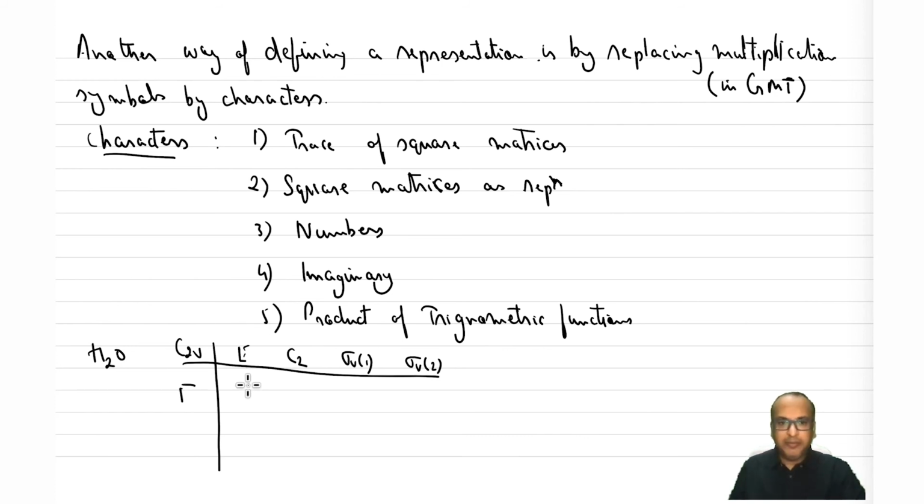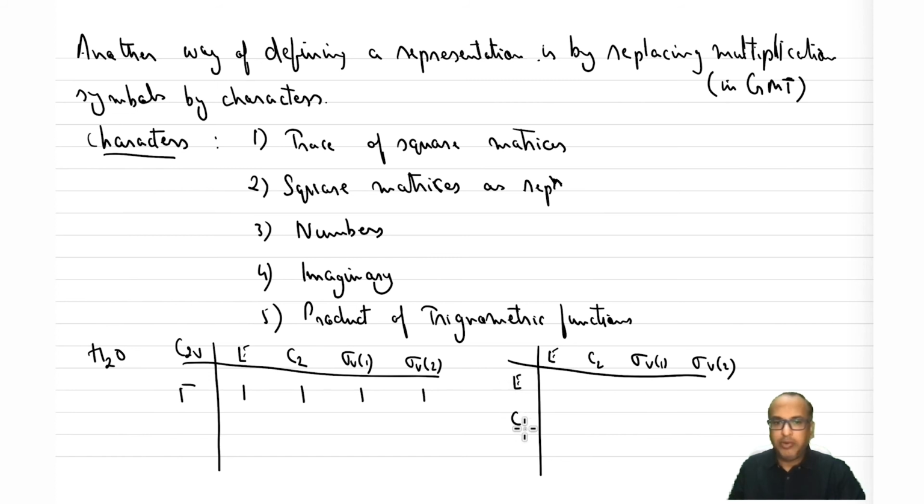Let us say I define E as character 1, C2 as character 1, sigma V1 as character 1, sigma V2 as character 1. Now if I write GMT using those characters, that is, E, C2, sigma V1, sigma V2, here also I'll have to write the same thing, right? So now if I'm writing 1 1 1 1, all the products will be 1, right?